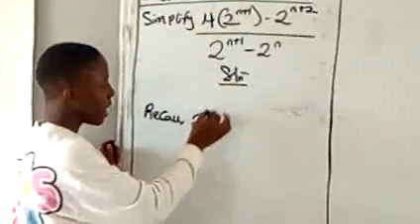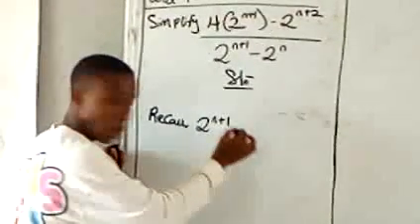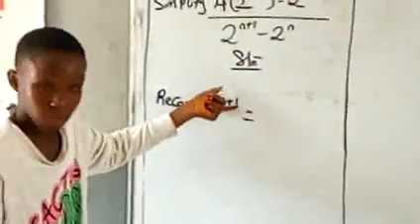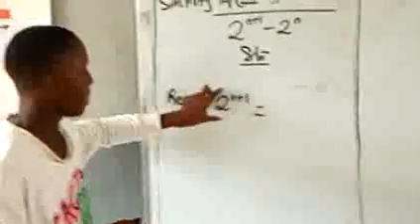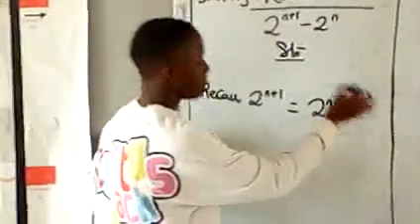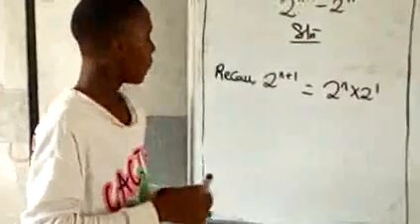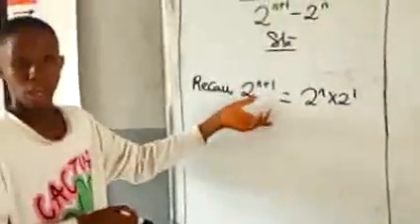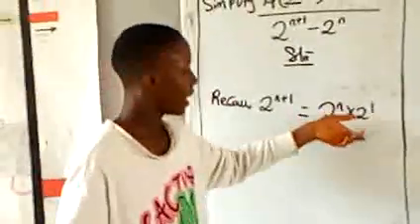Recall that 2 raised to the power n plus 1 is equal to, because of the addition, it means that they multiply, which is 2 raised to the power n times 2 raised to the power 1. So therefore, 2 raised to the power n plus 1 is equal to 2 raised to the power n times 2 raised to the power 1.